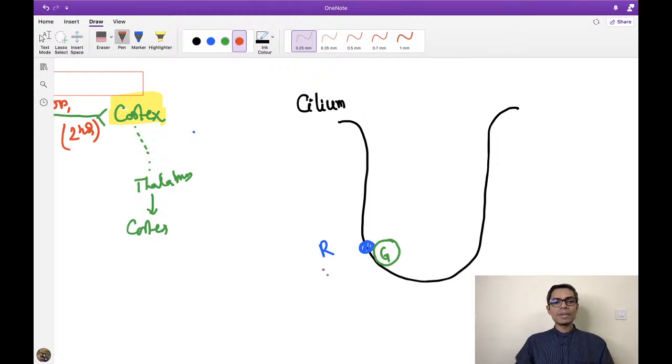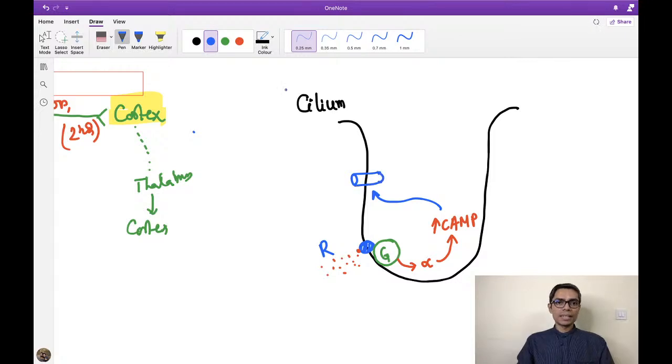What will happen? Whenever some chemical molecule or odorant molecule is attached with this receptor, it will stimulate the G protein. And whenever G protein is stimulated, you know the downstream pathway: the G protein will be activated. Activation means the alpha subunit will be separated out, and that alpha subunit will produce a second messenger, that is nothing but cAMP. Now note down the next part. This cAMP is going to open up one particular ion channel, which is very, very important.